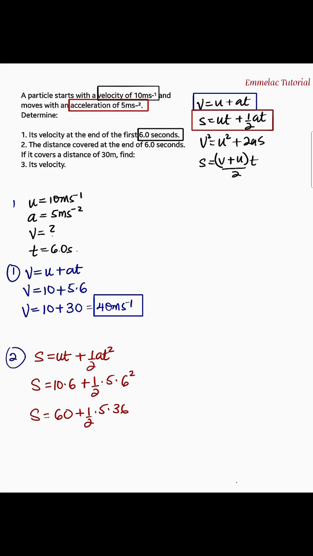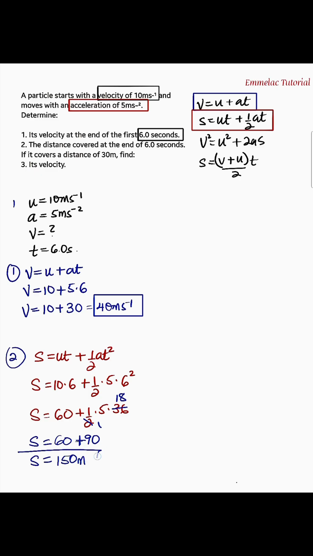At this point we can clear up the fraction. 2 into 36 gives us 18, and we are left with s equals 60 plus 5 times 18, which gives us 90. When we sum the right hand side, 60 plus 90, we have 150 meters.